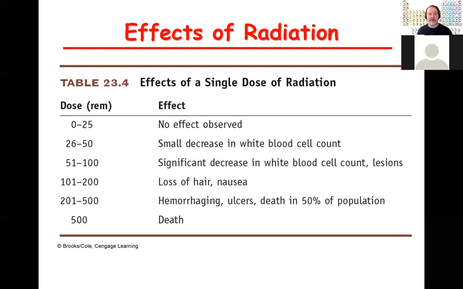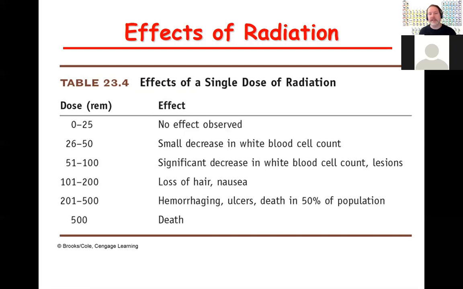As you get up to 100 rem, significant decrease in white blood cell count. You start to get breaks in the skin called lesions. And over 100, hair falls out. You start feeling really sick. And then over 200 and up to 500, you're going to kill a lot of people pretty quickly. And then over 500 rem, there's death.